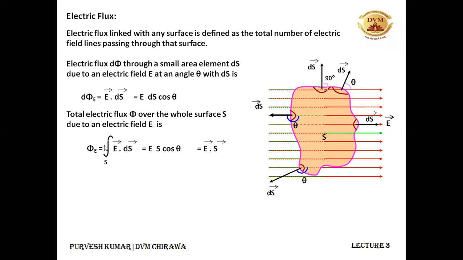And when you integrate it out, because the electric field is uniform, it is constant. So the electric field can be taken out of the integral, and the integration of the small surface area will be this complete surface only.